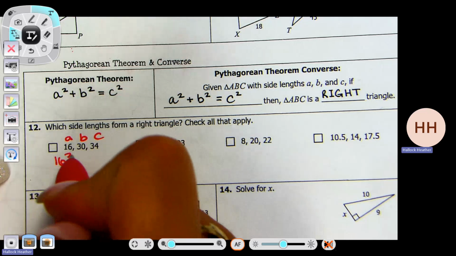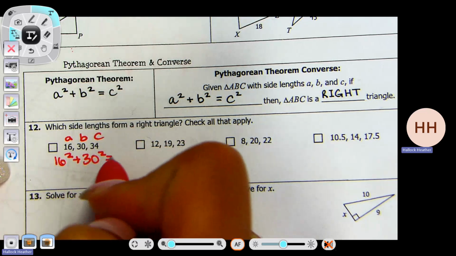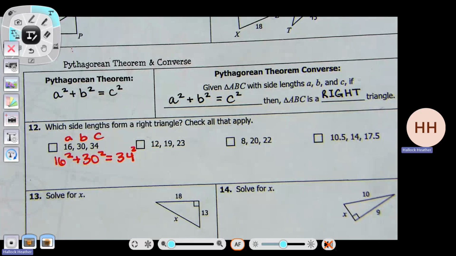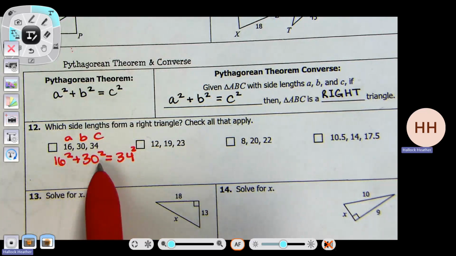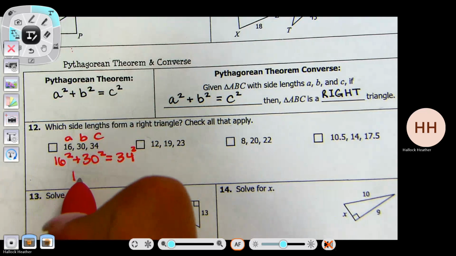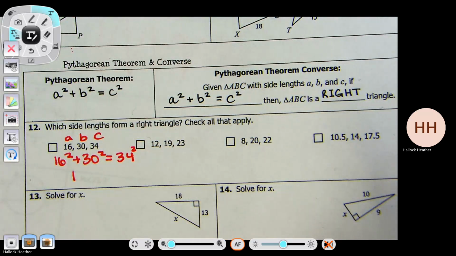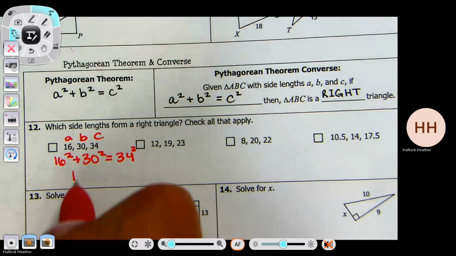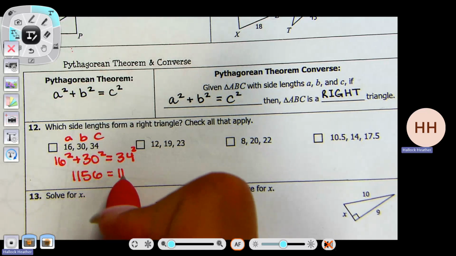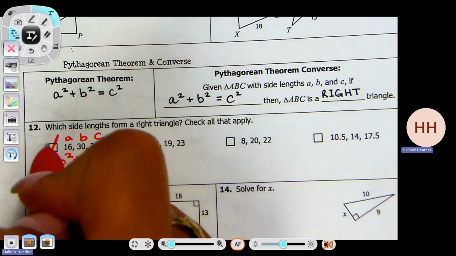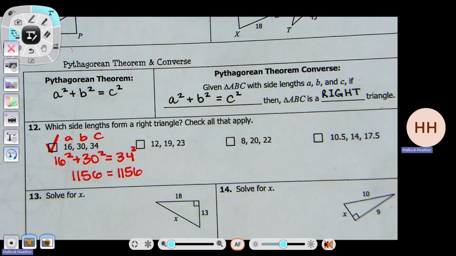So does 16 squared plus 30 squared actually equal 34 squared? What's 16 squared plus 30 squared? 1,156, and 34 squared equals 1,156 as well. So this one forms a right triangle. The other ones you just need to check. If it's not equal, then it's no.